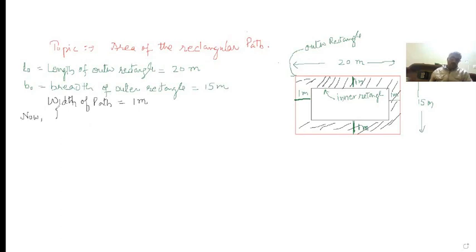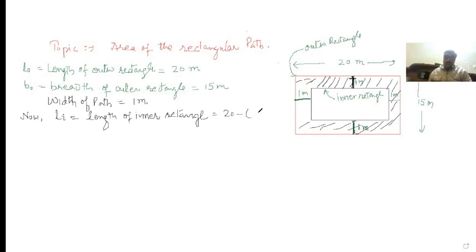Now, let LI be the length of the inner rectangle. The length of the inner rectangle is the length of the outer rectangle minus the width of the path from both sides, from the upper side and the lower side.